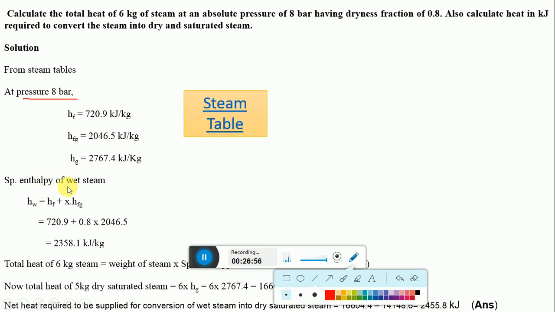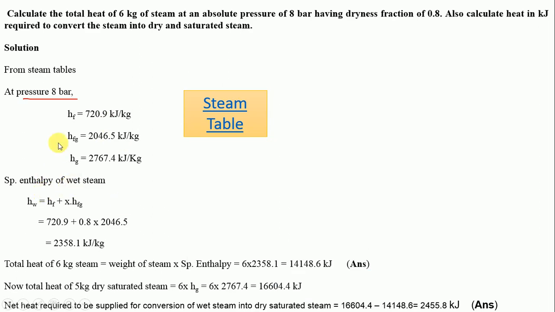The enthalpy of wet steam we already discussed: we calculate it using specific enthalpy h = hf plus x into hfg. x is the dryness fraction given, so by putting in the values we get 2358.1 kJ per kg.